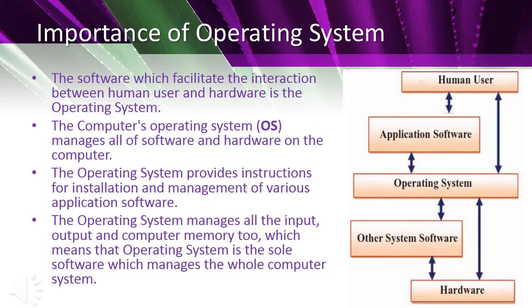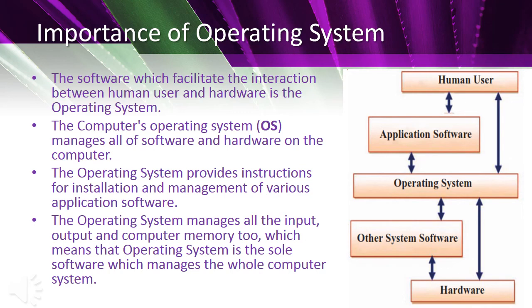Importance of an operating system. The software which facilitates the interaction between the human user and the hardware is the operating system. Your computer's operating system manages all of the software and hardware on the computer.